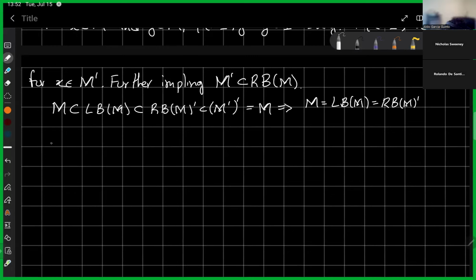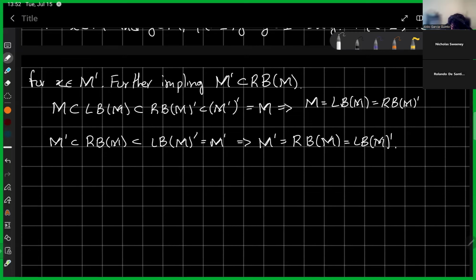And then now we can argue the same way, but with primes. This is R_B(M), which is of course contained in M prime, and this is equal to, by the above, M prime. Which implies that M prime is equal to R_B(M), equal to L_B.